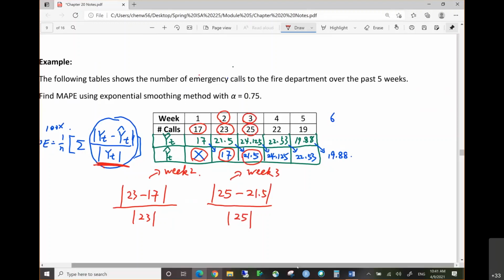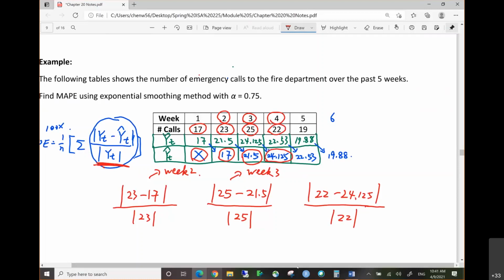For week 4, we have the observed value 22 minus the predicted value 24.125, absolute value to make it positive, and then divide by 22.